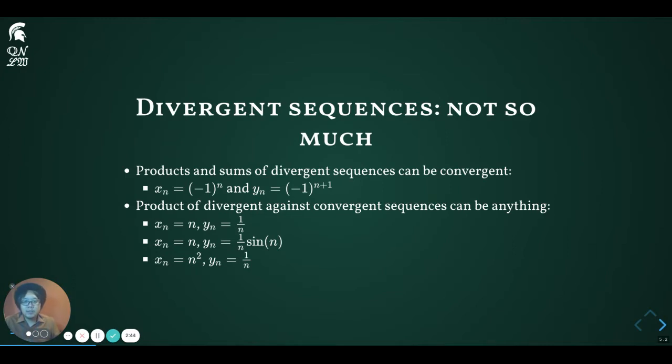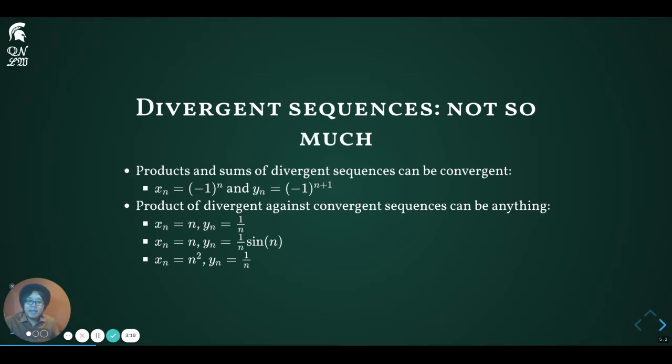In the first case, x_n equals n diverges and y_n equals 1 over n converges. Their product is the sequence of all ones and hence converges. In the second case, x_n equals n again, but y_n equals sin(n) over n, which still converges. But this time, their product is the sequence sin(n), which does not converge, though it stays bounded.